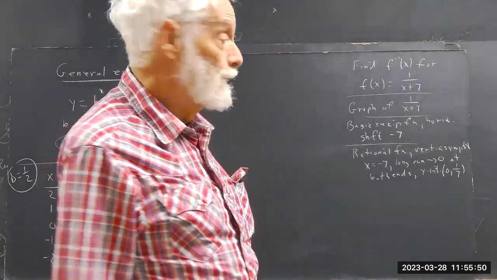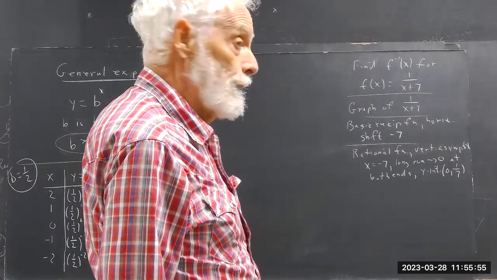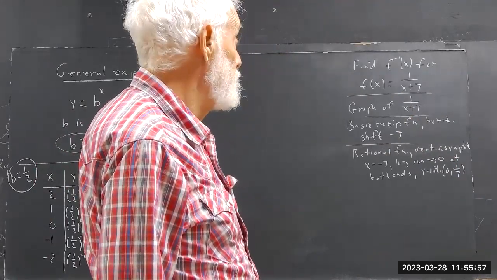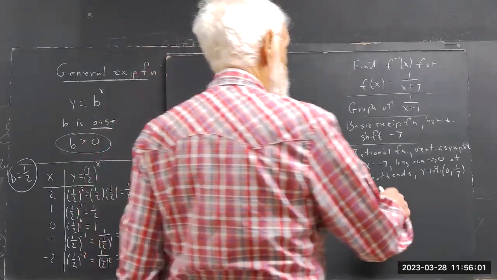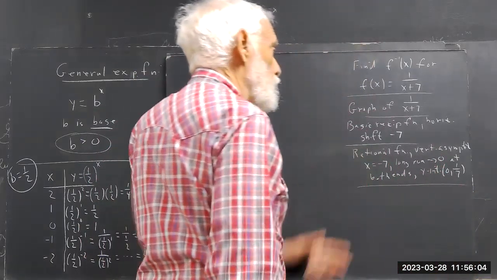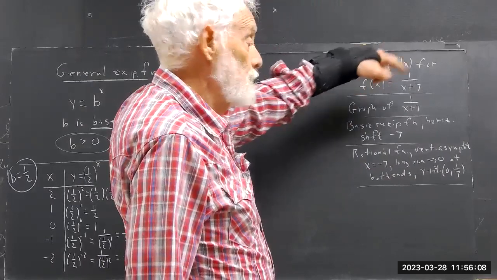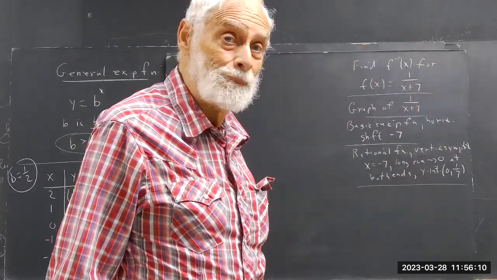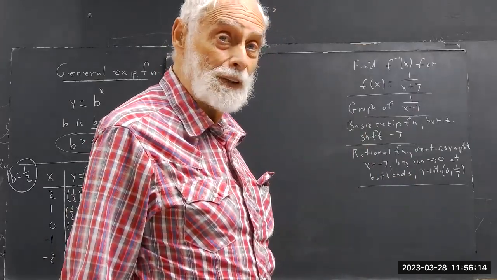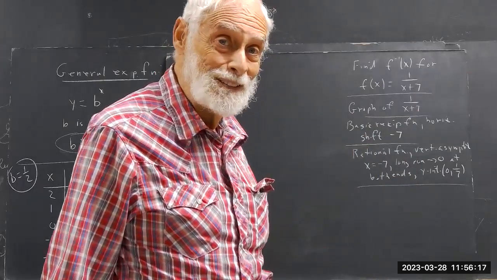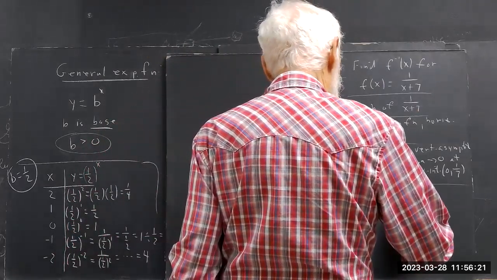You don't have an x-intercept, and you see that if you graph it. It's the equation 1 over x plus 7 equals 0. You could multiply both sides by x plus 7, but then you'd end up with 1 equals 0, which tells you there's no solution.